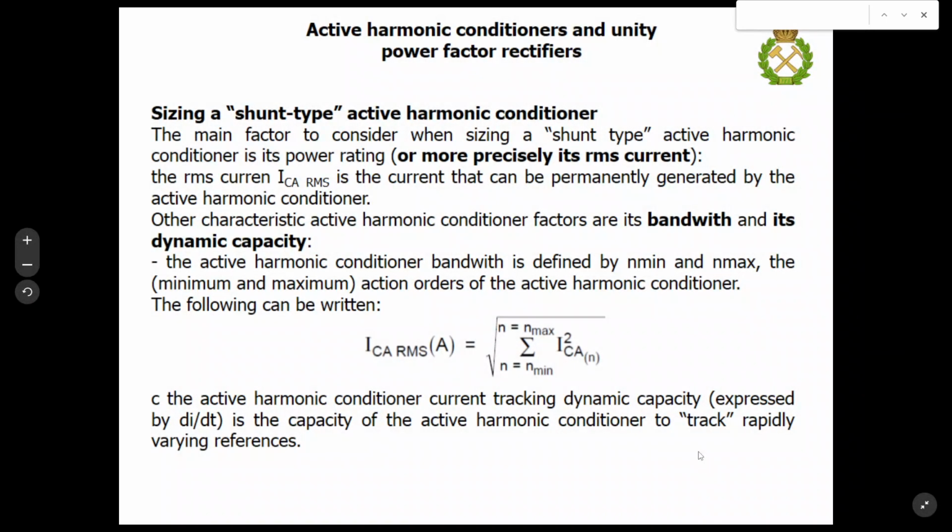And also let's talk about some sizing of shunt type active filters. First of all, we should take into account the RMS current presented by this filter, bandwidth, and its dynamic capacity. Here you may see the total current produced by such filter.